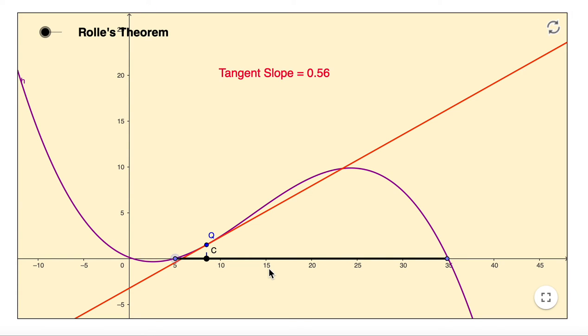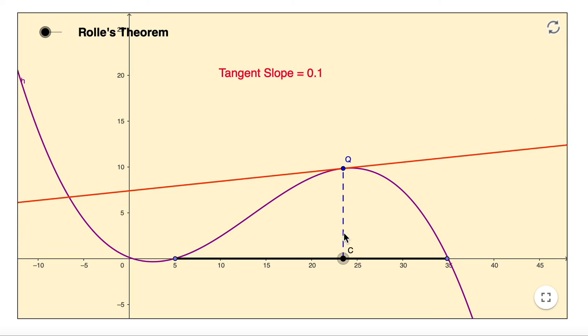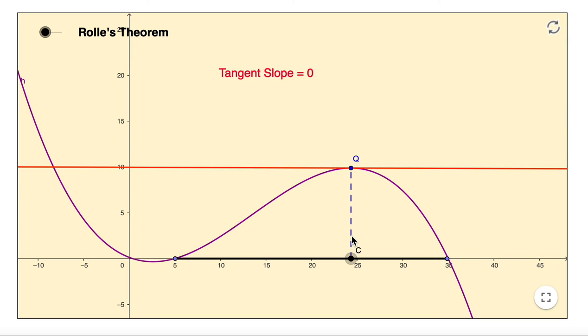Well, the average slope between those two points is 0, which means that if I were to talk about a tangent line, there must exist a horizontal tangent line or matching slope between 5 and 35.